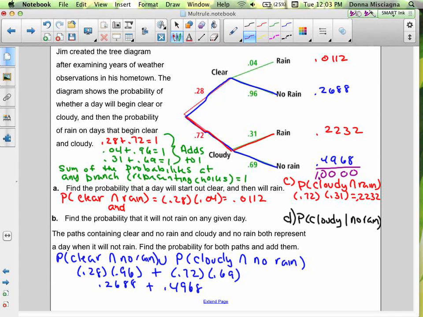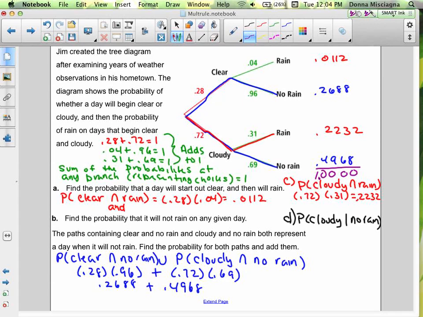And that's going to be true for all of our tree diagrams, that at any given stopping point, if you go down all the branches, it's going to add up to 1. Now, where we have the rain and no rain, that's not an ending point. So that's why it adds up to 1 just for clear and just for cloudy. But if we go all the way down the branch, those will all add up to 1. And on any individual branch, your choices on the branch add up to 1.